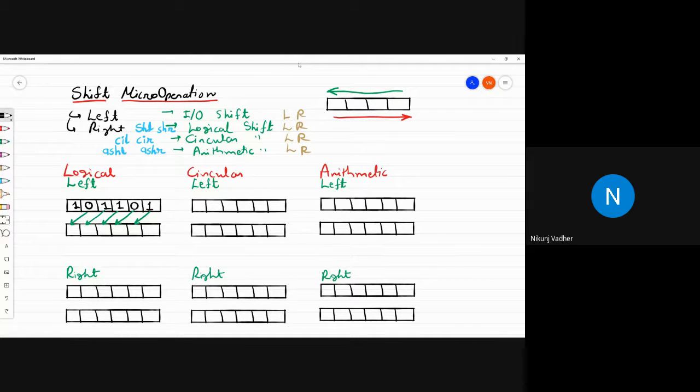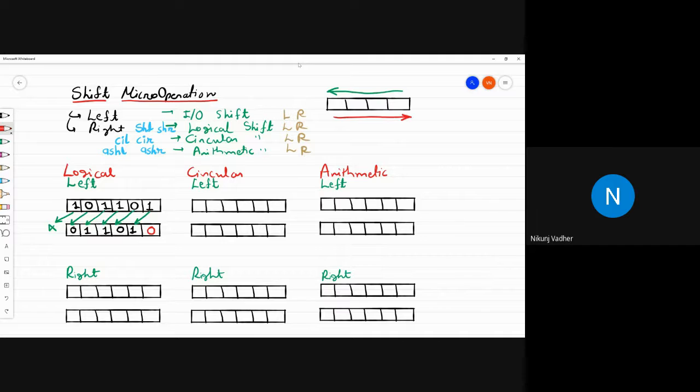So 1 0 1 1 0. This bit will be discarded, and this empty space will be filled with 0.